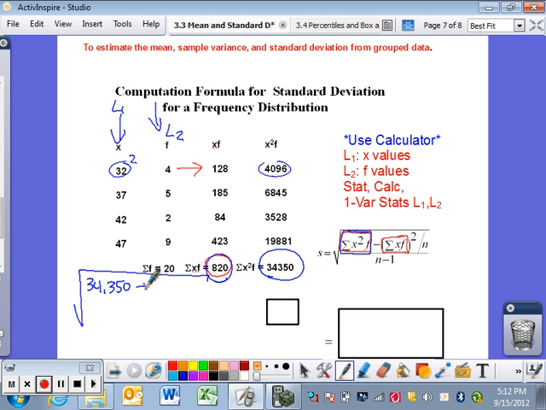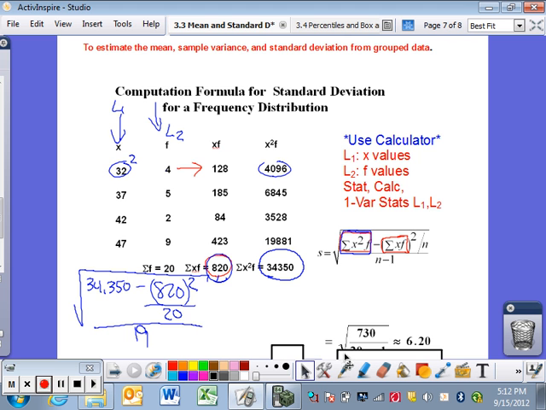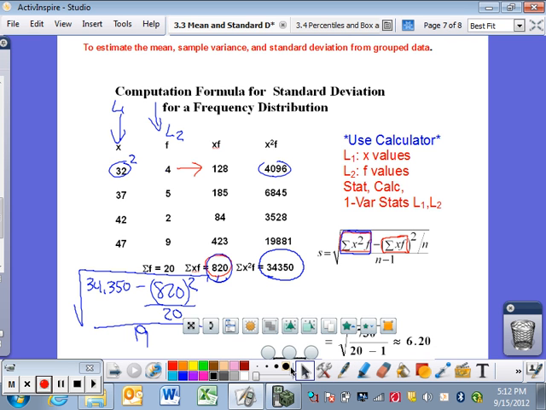So the 34,350 minus sum of xf, which is just sum of x, or the 820. And then you need to square that and divide that by n. And n in this problem is the number of frequencies, which is 20. Then you have to divide all of this by 19. And if you do the math with this, there's your answer.